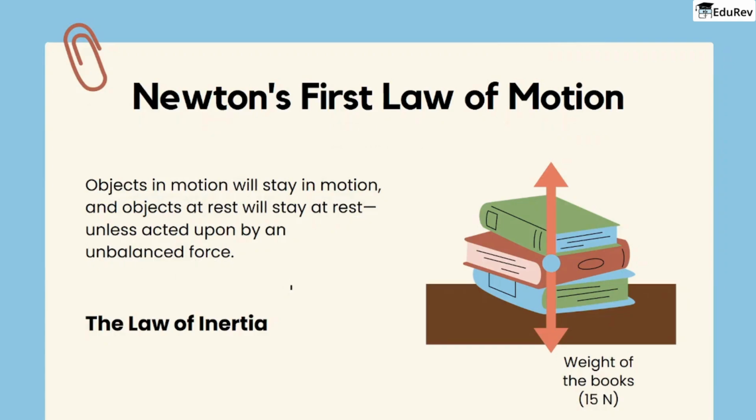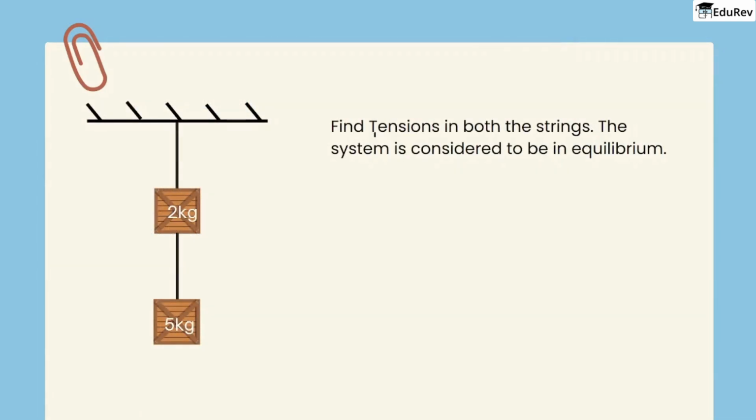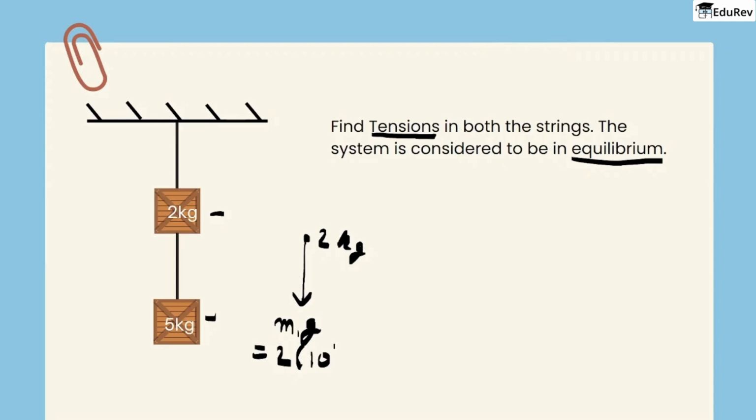Now, let's try a question. Find the tensions in both the strings. The system is considered to be in equilibrium. So, first we need to make the FBDs for both the boxes. For 2 kg, let's make a point mass 2 kg and the forces acting upon it are the weight of it, which is M1 into G. M1 is 2 kg and G is taken to be 10.